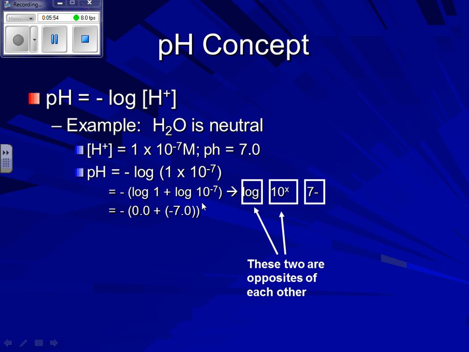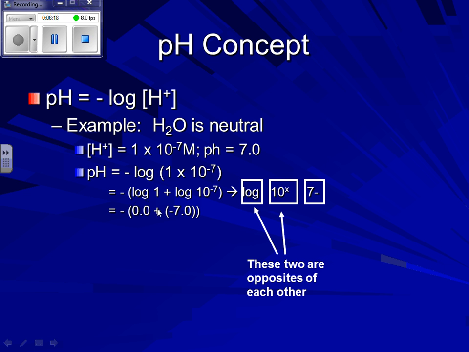So there's lots of ways to do this. You might have to type in the -7 first, then your 10x key, and then your log. You might have to do 10x and then -7, and then hit your log. But ultimately, you work on this until you figure out how to do it on your calculator, and you'll get an answer of -7. This and this are opposites, so you'll always end up with this -7 here.